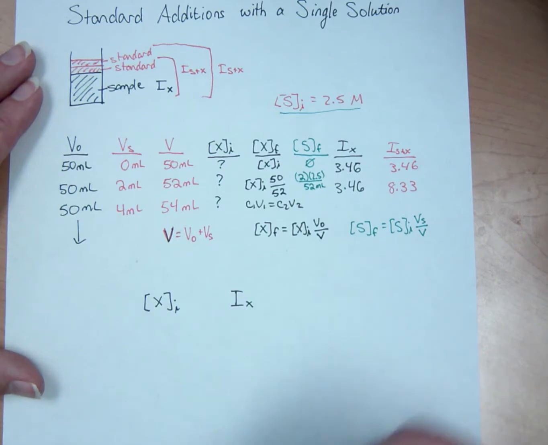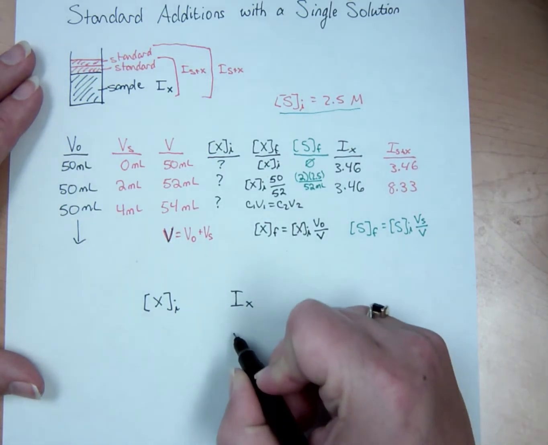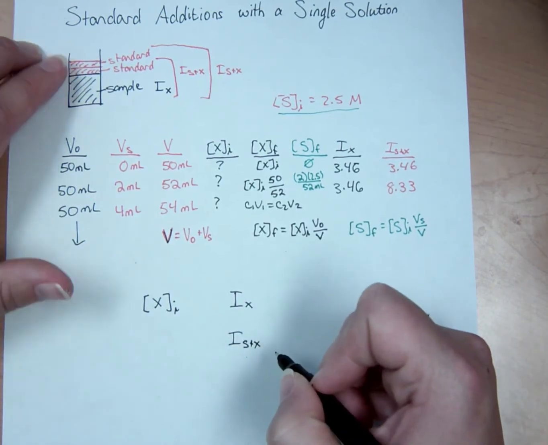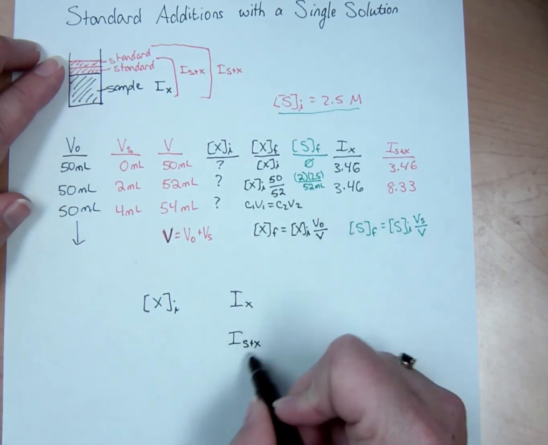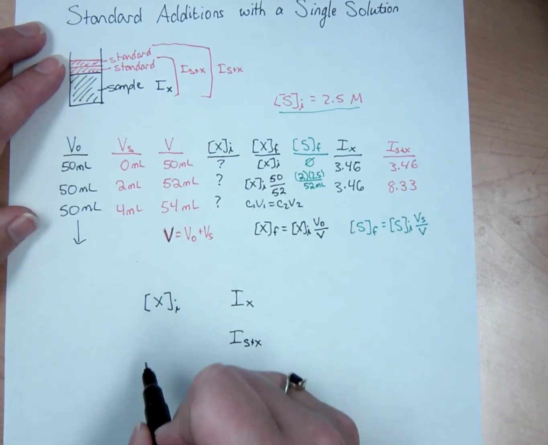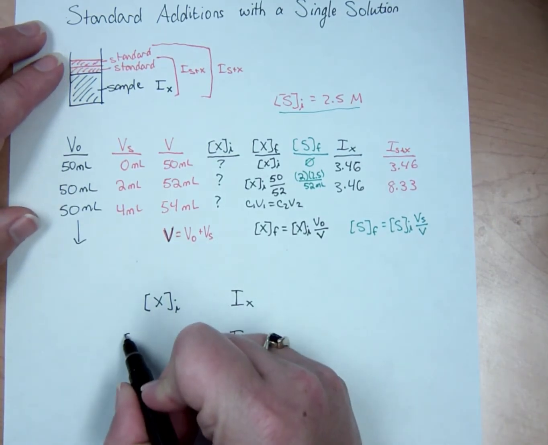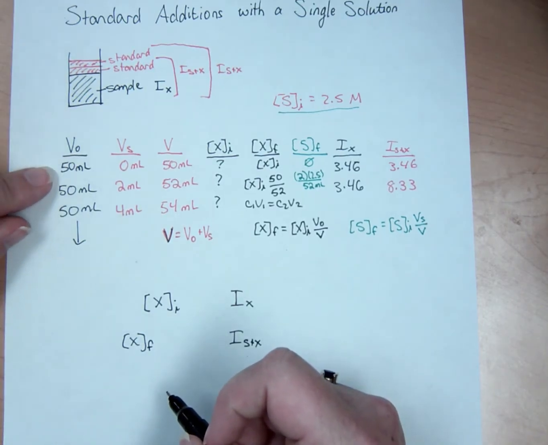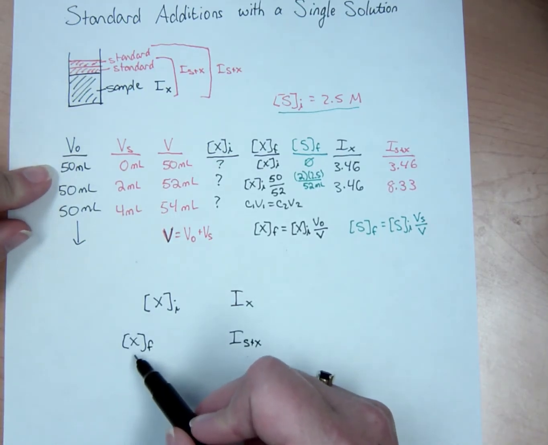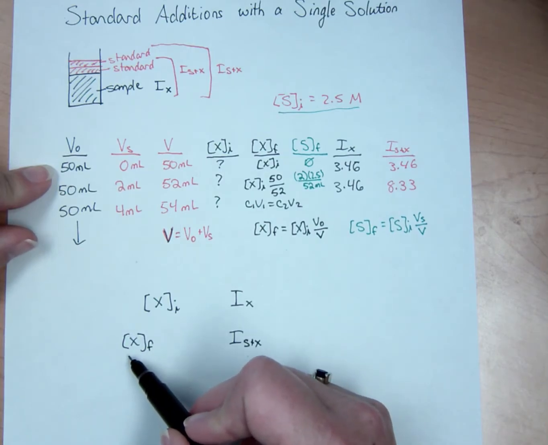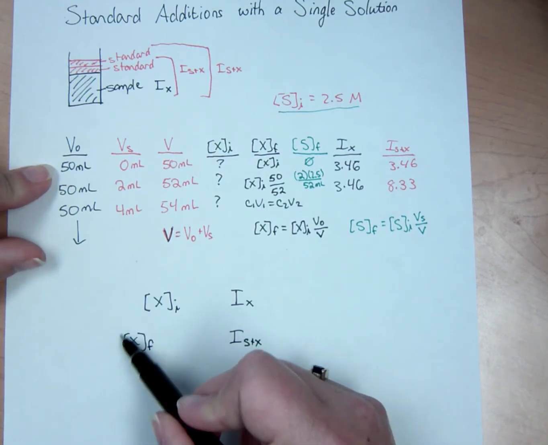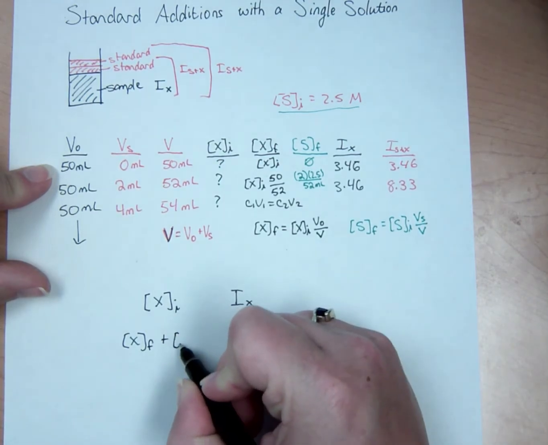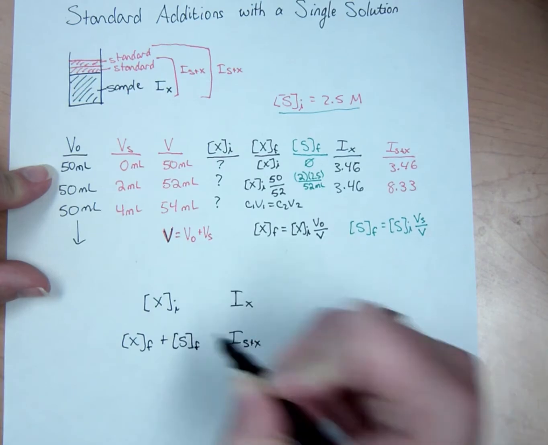But later on, we can build a similar proportion after we've added the standard. The intensity that we see is going to be due to the concentration of our analyte that was initially present in the sample and is now diluted, plus our standard that we've added that has also been diluted.